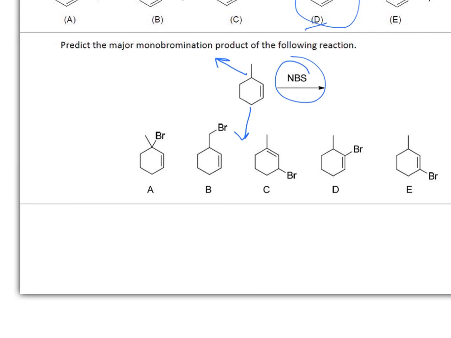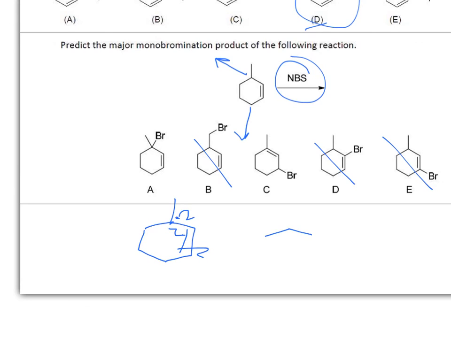Notice that two of my products are showing a vinylic center, so those are not true. One of them shows that it's going to go at the primary center, so that's not true. And if you think about the mechanism, since this does go through the free radical mechanism, you are going to generate a free radical that looks like this, which is going to be resonance stabilized, by the way.